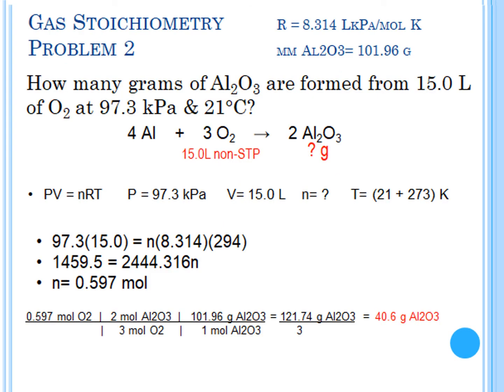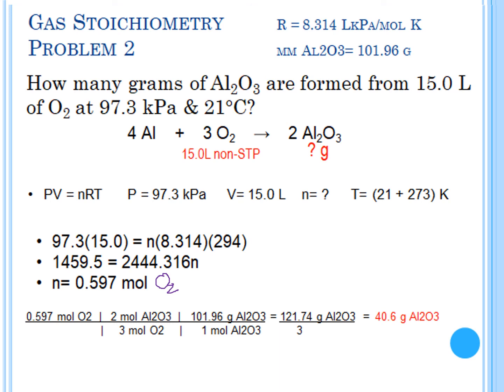All right, and our answers. So we're starting with our ideal gas law, so we can get to moles of oxygen. So our pressure is 97.3, our volume is 15.0 liters, our temperature is 294 Kelvin. We have to remember to convert that Celsius. So when I plug in my ideal gas law, N equals 0.597 moles, and we are still in oxygen.